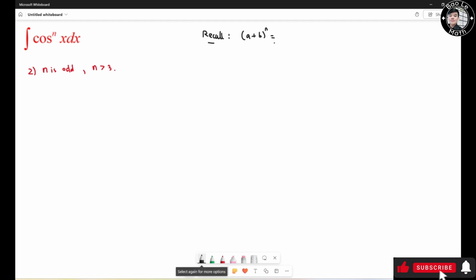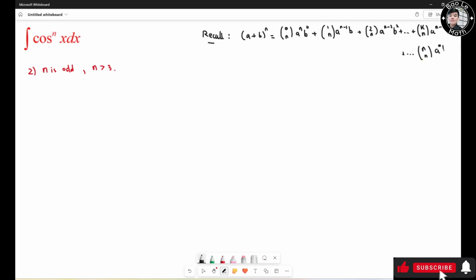So this turns out to be the combination of n and 0, a to the n and b to the 0, plus the combination of n and 1, a to the n minus 1 b to the first, plus the combination of n and 2, a to the n minus 2 b squared, plus etc. plus the general term, which is n and k, a to the n minus k b to the k, and plus the last term, which is n and n, a to the 0 b to the n.